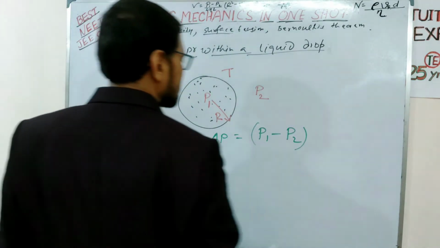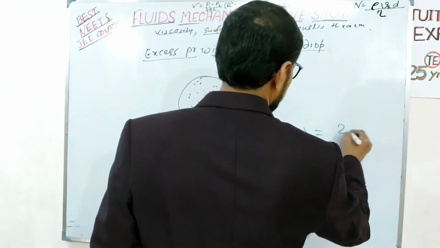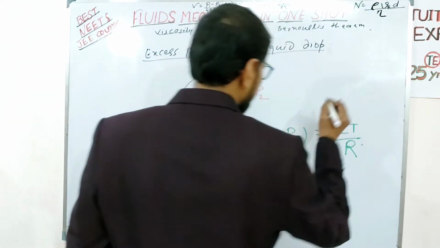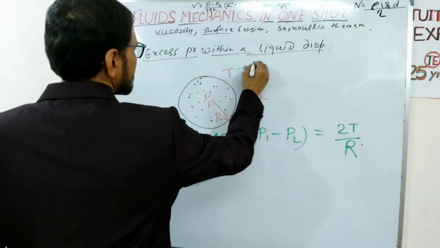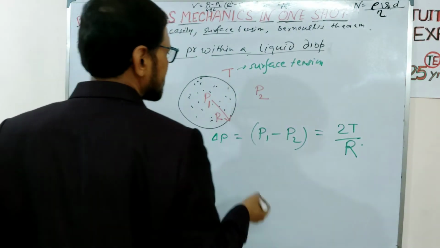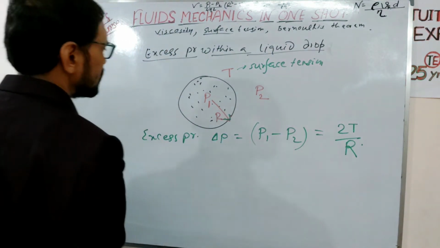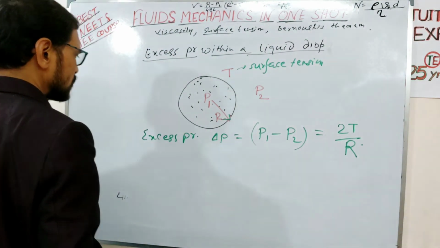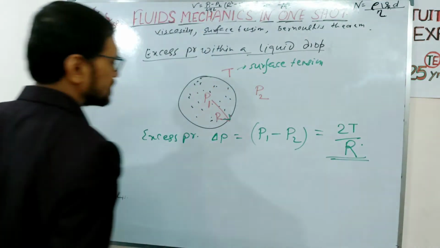This is called excess pressure and the formula will be 2T by R, where T is surface tension and R is the radius of the liquid drop. So excess pressure equal to 2T by R.